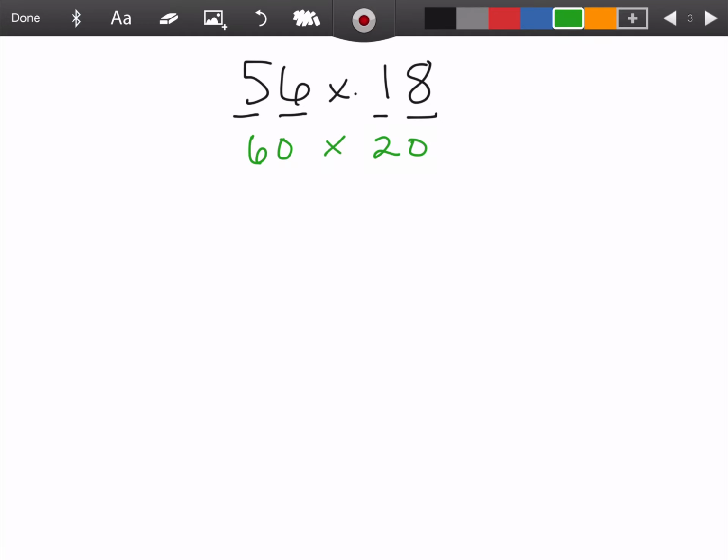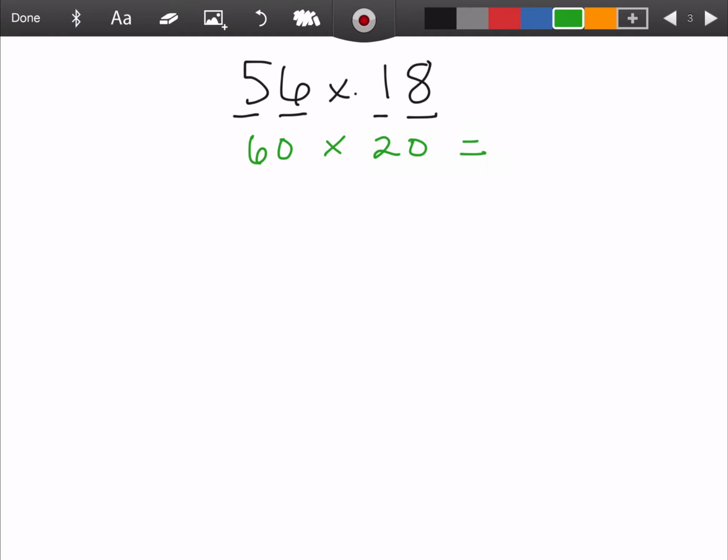So let's start with a 2-digit by 2-digit problem. So 56 times 18. And I can see here that I'm going to be drawing a box that is big, but first I want to estimate to make sure that when I'm done, I feel good about my answer. So 56 should round to 60 and 18 to 20.